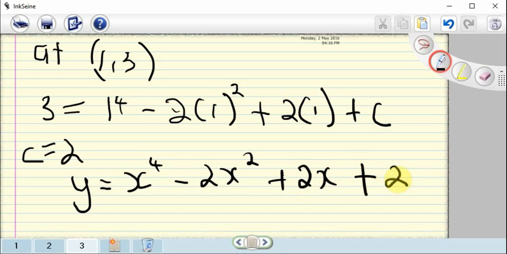So we found the equation of the curve. All it takes is integration, finding the value of c and replacing c with its actual value.